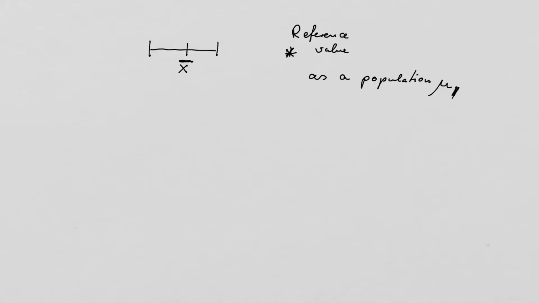What we say from our confidence interval is that we believe the true population mean from which this sample derives, let's call this mu2, is within this confidence interval.